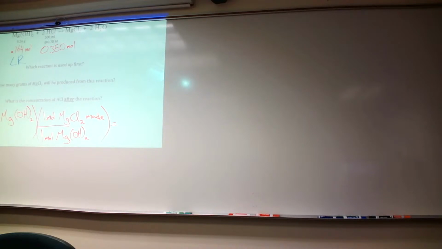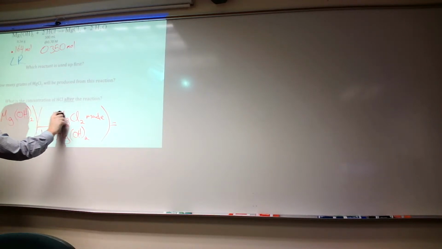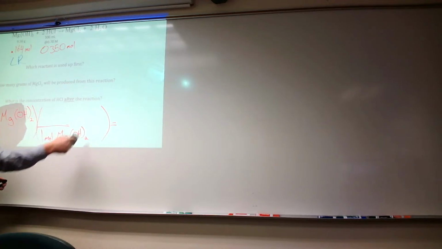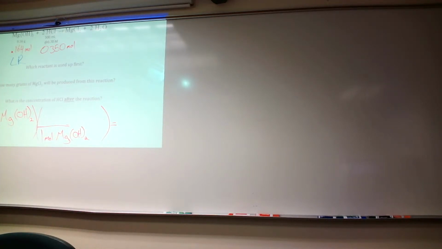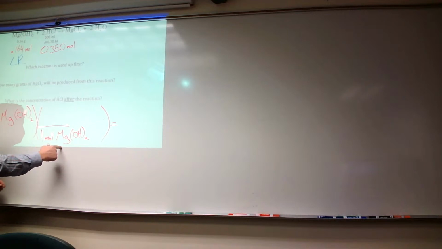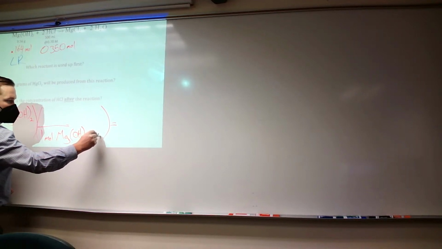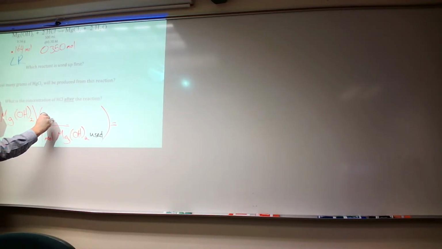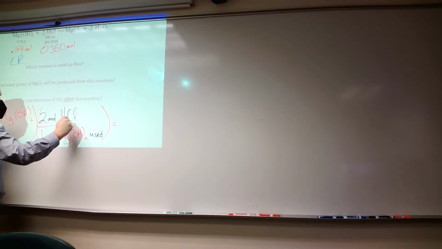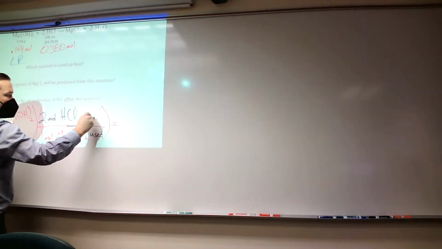So that's just going to be 500 milliliters or 0.500 liters, since we want it in liters. Moles of HCl final, we're still going to use our limiting reactant because that's what's controlling everything. Except now we can say for every 1 mole of magnesium hydroxide used, it's 2 moles HCl used.